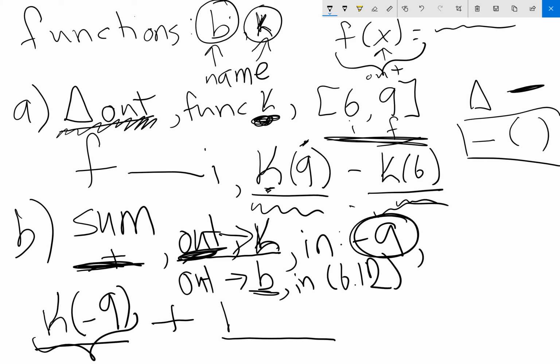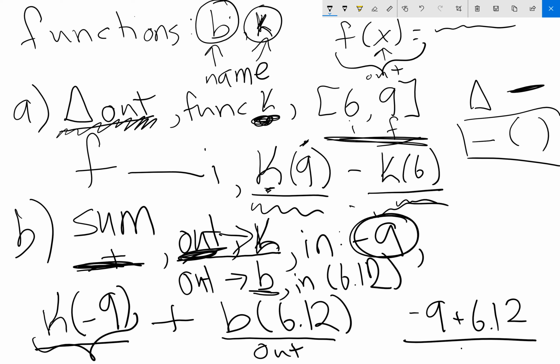Here's the same thing, function b, 6.12, and that's it, okay? It's not -9 plus 6.12, right? Because that would be adding the inputs. We want to add the outputs, okay? So don't get these confused. Oh, I'm so stuffy, I'm so sorry.